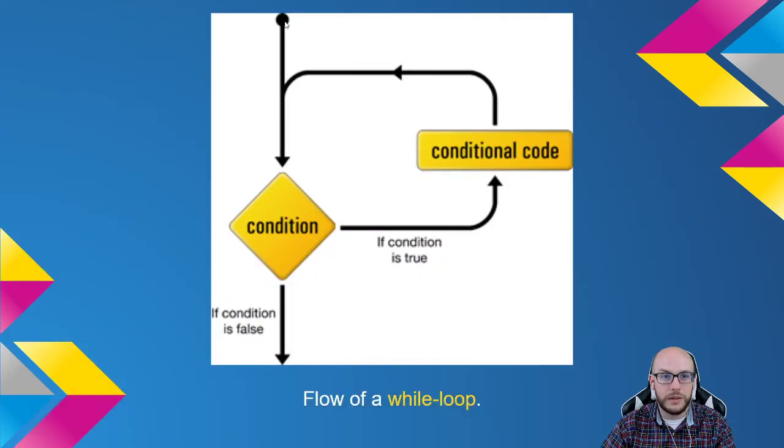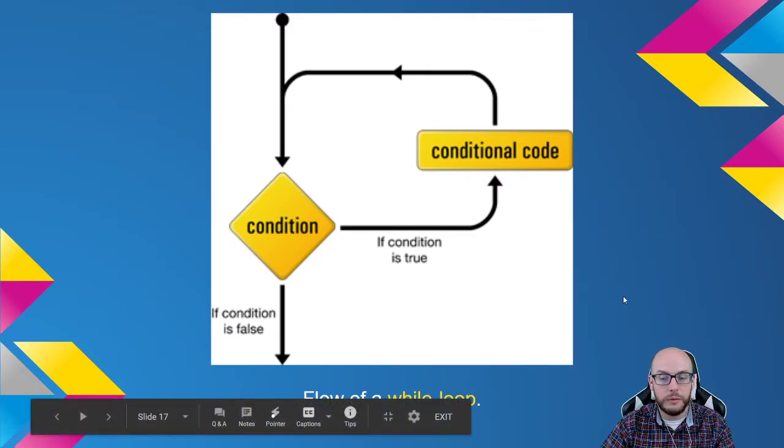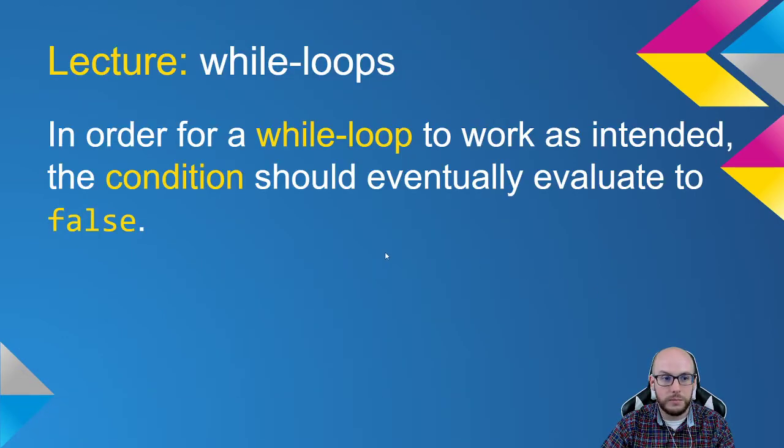Visually, it looks something like this, right? We encounter our while loop, we check the condition. If it is true, we will enter the body, execute all the code, come back up, check the condition. If it's true again, we'll enter the body, execute everything that's in the body, check the condition again. And this keeps repeating, this keeps looping until we check the condition and it is false, at which point we would continue on with our code.